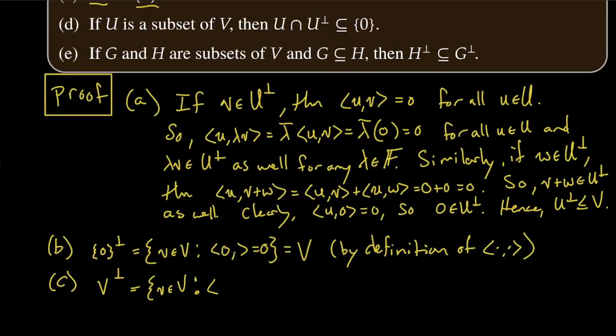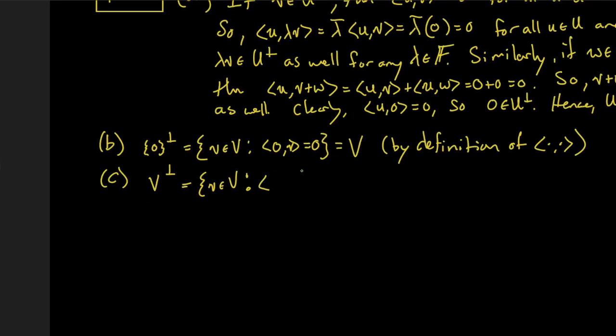This is ⟨0, v⟩ instead of ⟨v, 0⟩, though it is the same set either way. So this will be ⟨w, v⟩ equals 0 for all w in V. Okay, so this is the collection of vectors v such that w inner product with v is equal to 0 for all w in V.